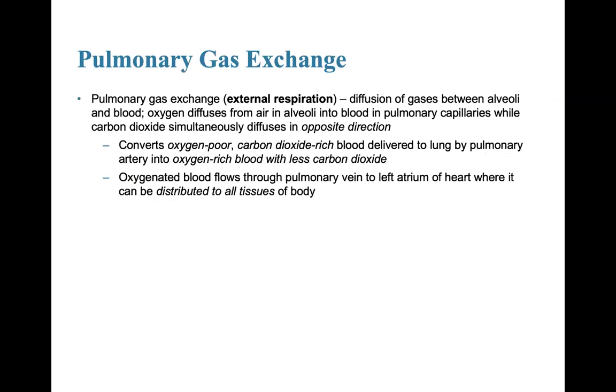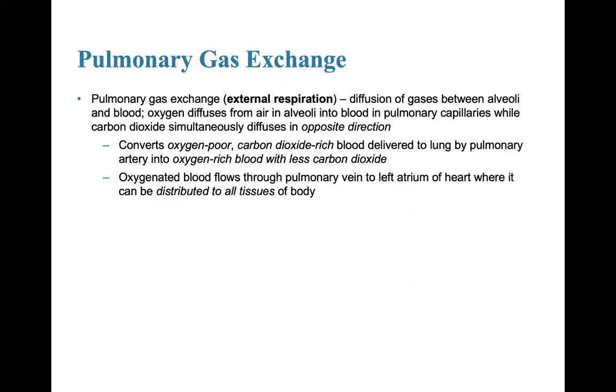So pulmonary gas exchange, which is referred to as external respiration, is the diffusion of gases between the alveoli and the blood. Oxygen diffuses from the air in the alveoli into the blood in the pulmonary capillaries, while carbon dioxide simultaneously diffuses in the complete opposite direction.